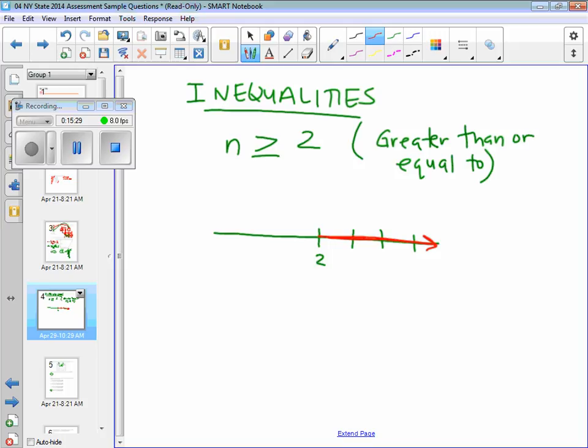Lastly, I'm going to put what's called a closed circle at 2. And I need you to write this. A closed circle means, and I'm going to put in quotes, "or equal to."